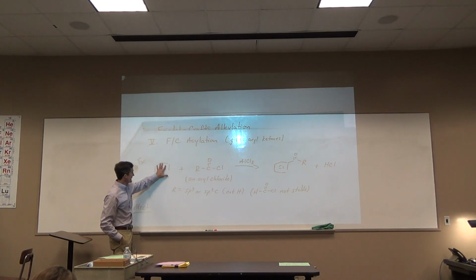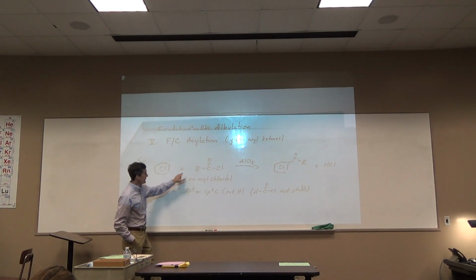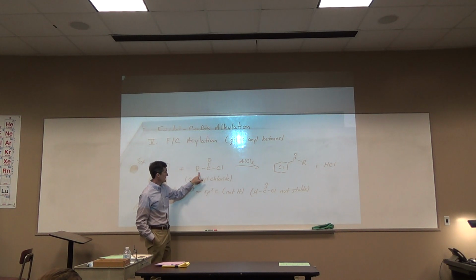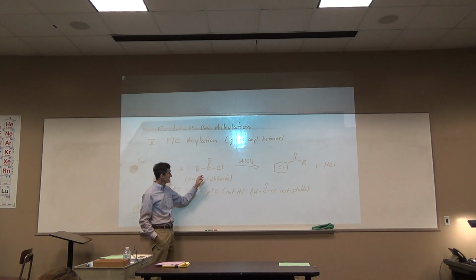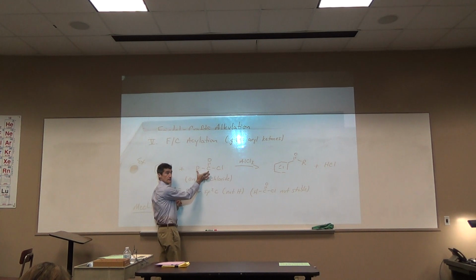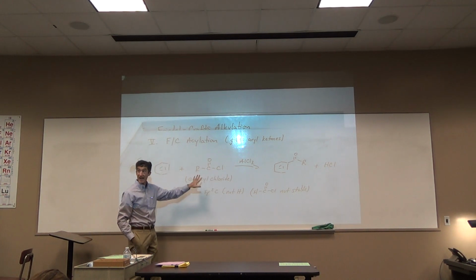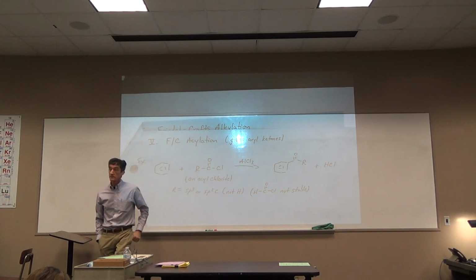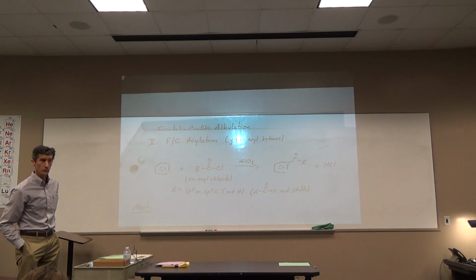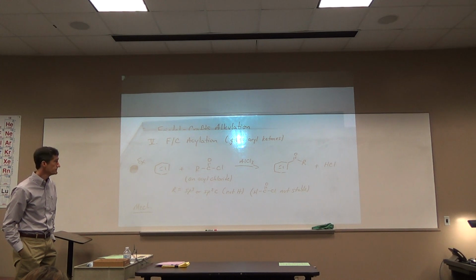We can get this by reacting an aromatic with an acid chloride, or acyl chloride. It's often called acid chloride because they come from carboxylic acids. This was on the functional group list in Organic 1.